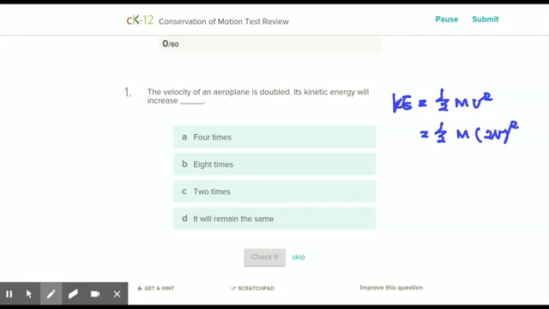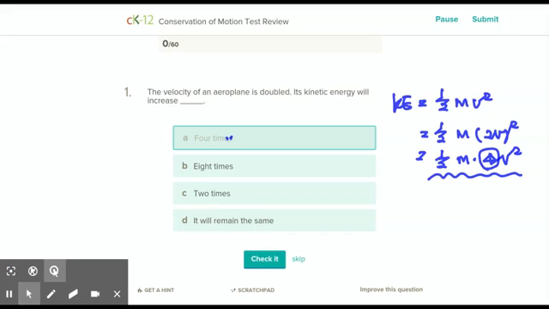And you distribute the square, you get half m times 4v squared. So compare your new formula to your old formula. You have an extra 4. That means your new kinetic energy increased 4 times.